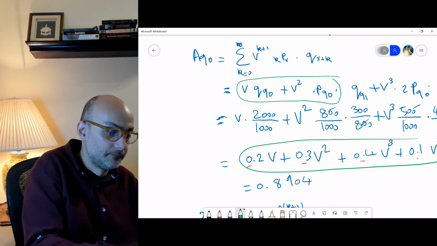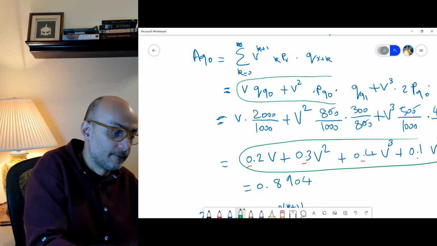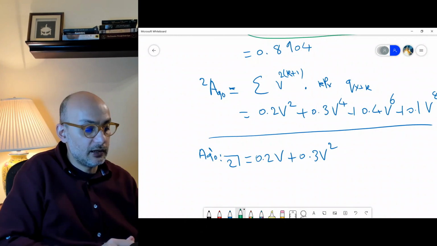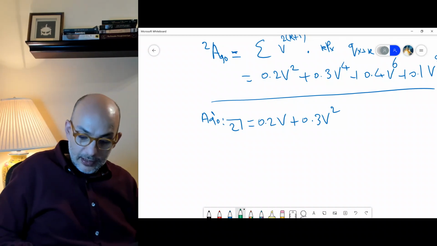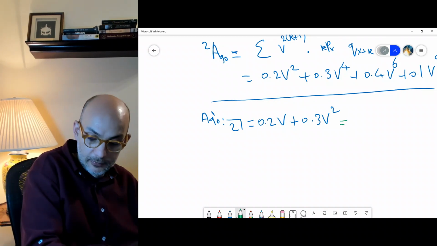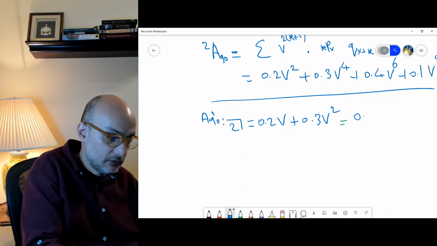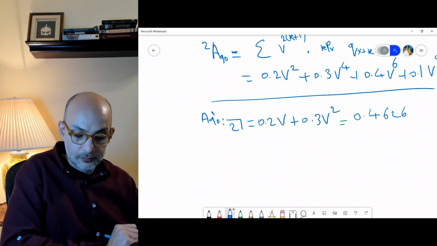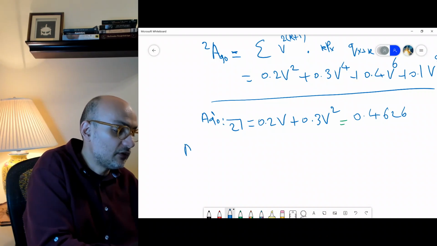If you do it for the first 2 terms, you get this one. Right, and then if you calculate this one, I did it, it's 0.4626.